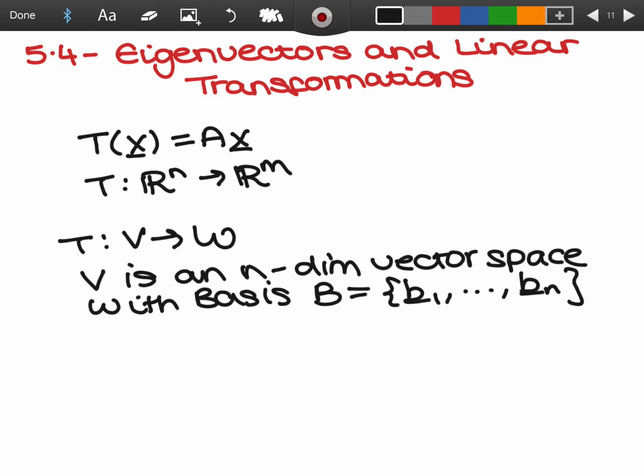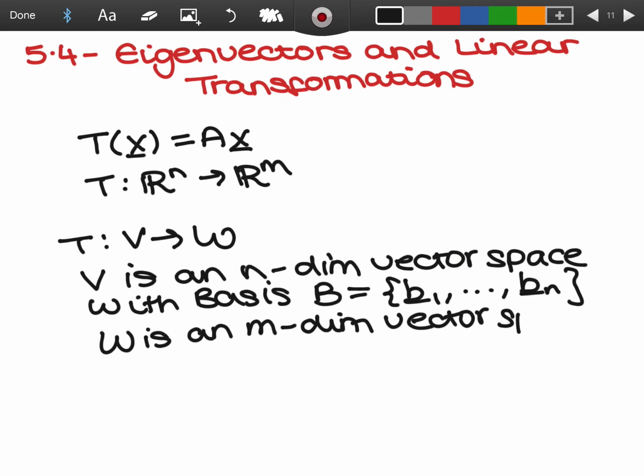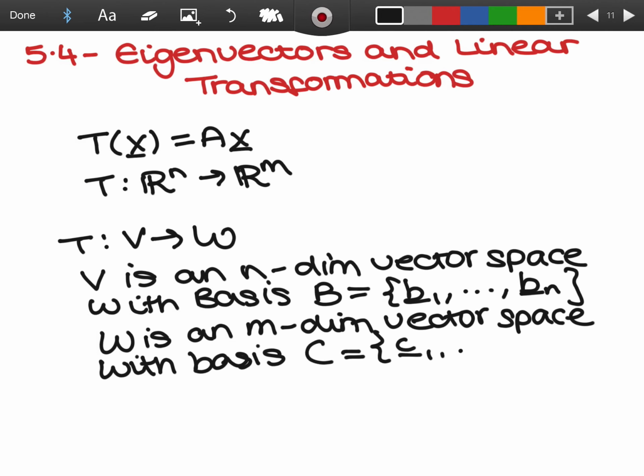Then W is an m-dimensional vector space. So if it's m-dimensional, it's going to have m vectors in its basis. So it's going to have basis, we'll say C, and that's going to have m vectors, C1 through Cm.